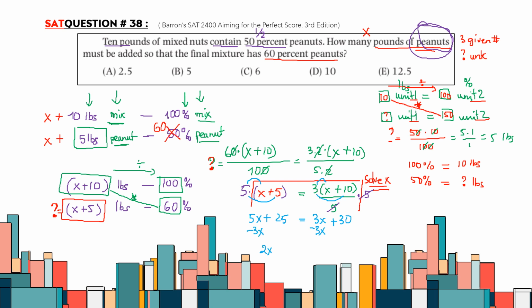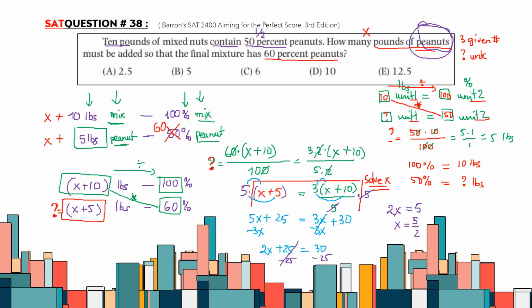We have 2X plus 25 equals 30, since this one is gone. Now we minus 25 on both sides. What we have is 2X on this side, 25 gone, and 30 minus 25 is 5. So X equals 5 divided by 2.